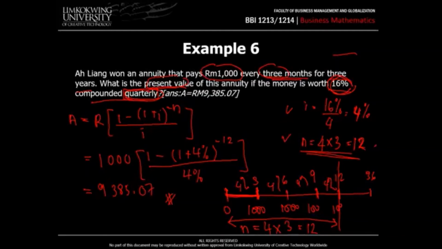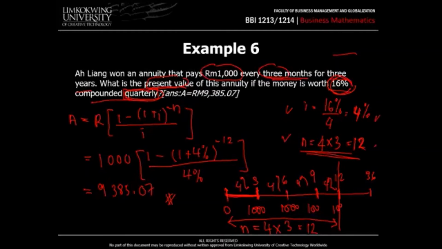So based on the formula, the question wants you to find the present value. So present value, get the formula of A. A equal to R, 1 minus 1 plus I, the index of negative N, divide by I. So replace the value. Your R is how much you pay, periodic payment or periodic investment, so 1,000. 1 minus, in the bracket 1 plus 4%, the interest that we got from here.